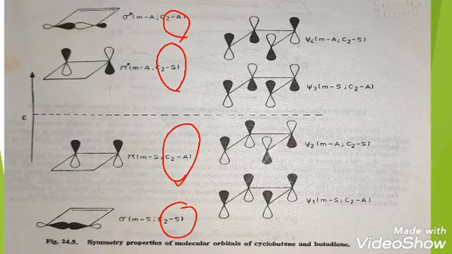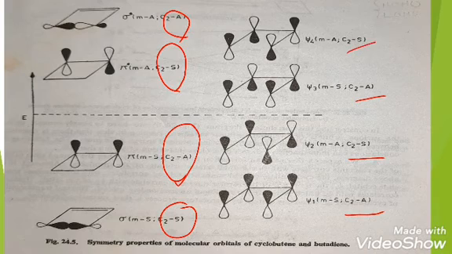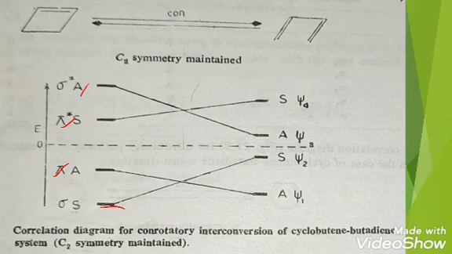Now come to the butadiene molecular orbitals. Psi1 is antisymmetric, Psi2 is symmetric, Psi3 is antisymmetric, Psi4 is symmetric with respect to the C2 axis. So it is represented here. What we have drawn here is the symmetry property with respect to the C2 axis.